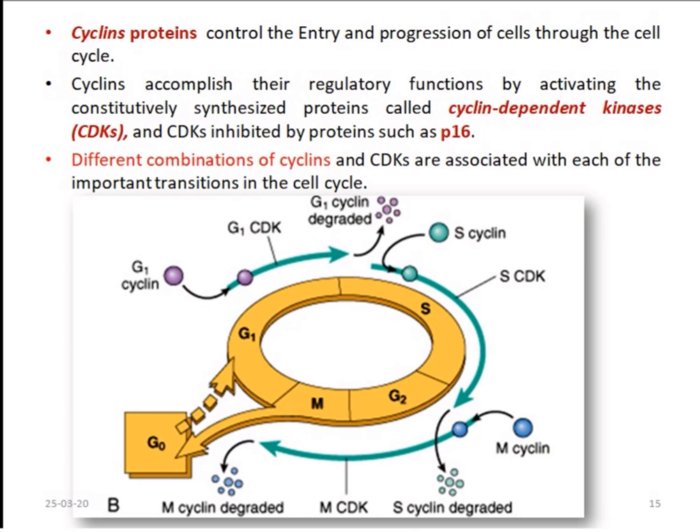Like that it is happening every time the cycle moves from one phase to another phase, right? Before that, it is compulsory that one cyclin protein has to be activated, and that cyclin protein will activate or synthesize that particular cyclin-dependent kinase, right?